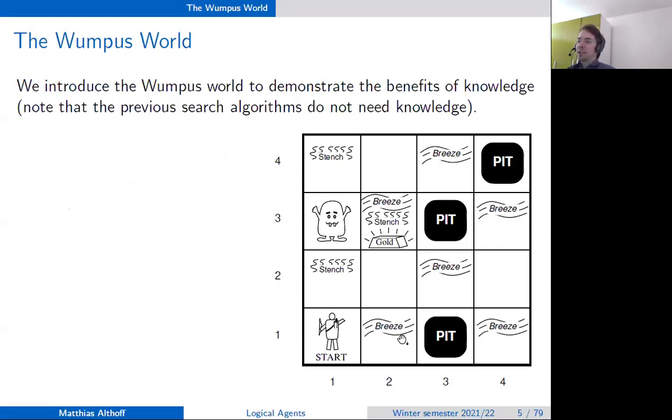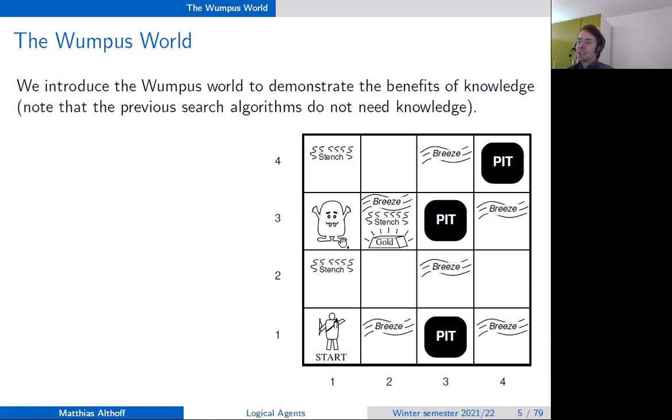And if you ignore the breeze and step further, then you just fall into the pit and you're dead. Also, the Wumpus is in the cave system. He looks like a very happy fellow. However, he's actually very hungry, hasn't eaten for a long, long time. You can see also that he has 2 very sharp teeth.